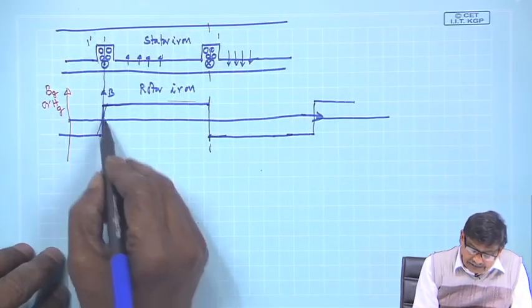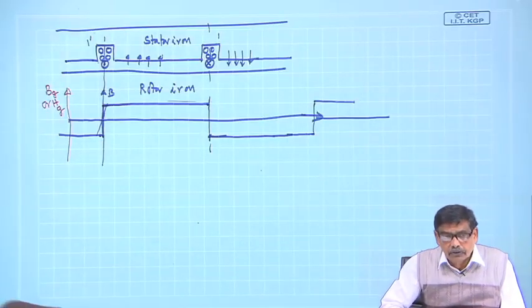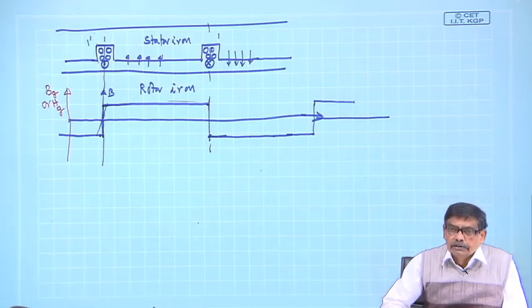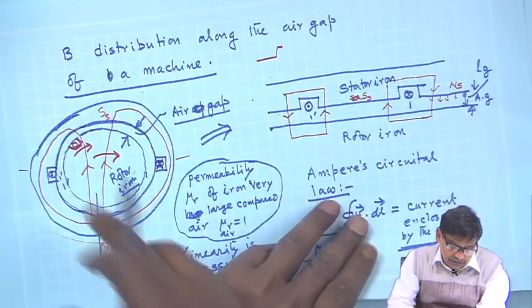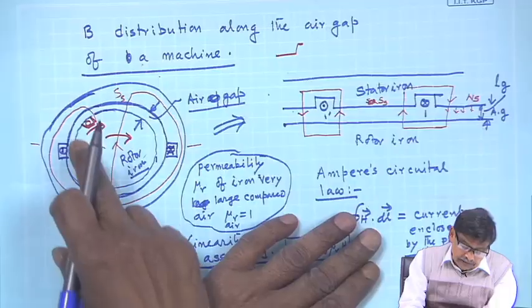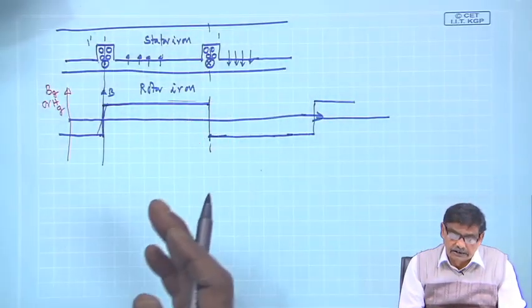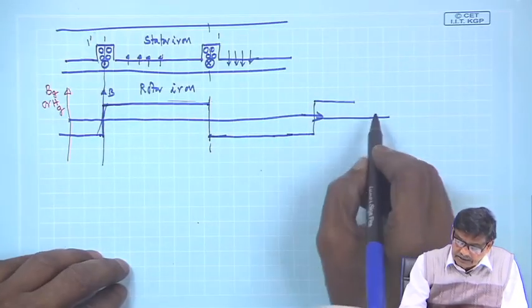This B distribution will decide the nature of the generated voltage in a conductor which may be housed on the rotor surface and rotated. The same B distribution will give the induced voltage polarity. That is why knowing the B distribution pattern is important.